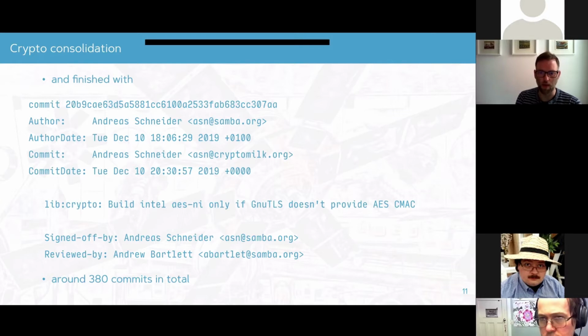And that made encryption probably around 10 times faster or even more, just by using GnuTLS, because it has assembly implementations of the ciphers and can make use of CPU features for encryption and decryption. So this made encrypted SMB connections much faster in Samba.